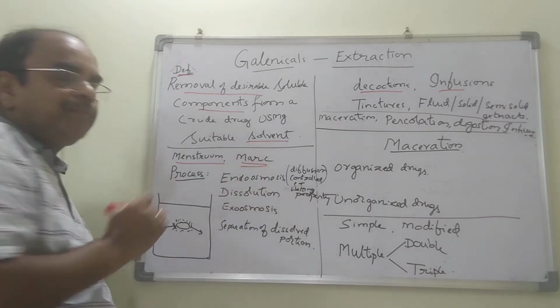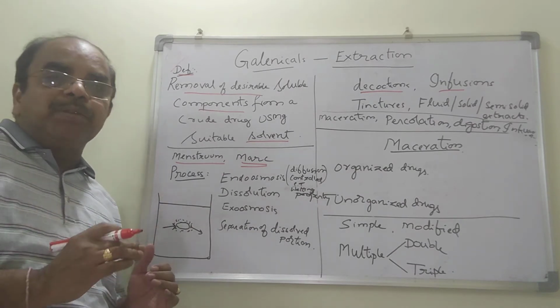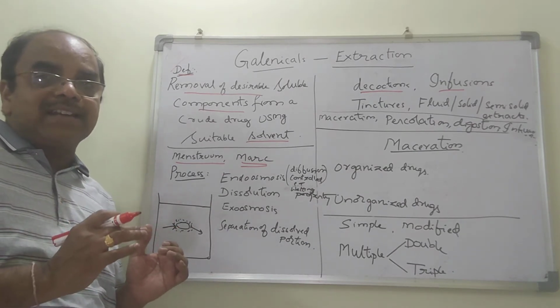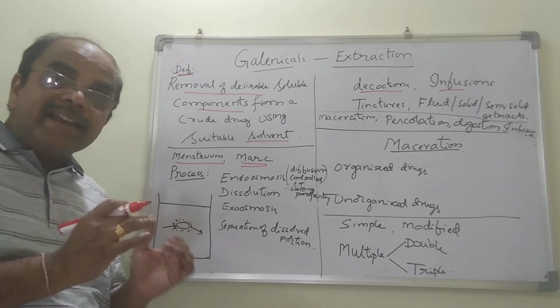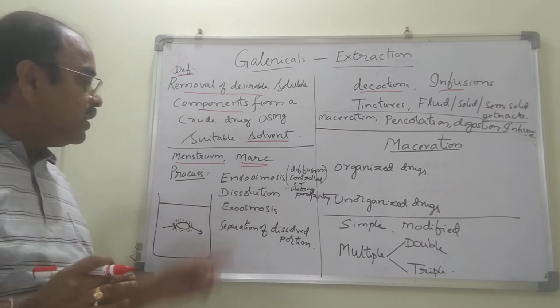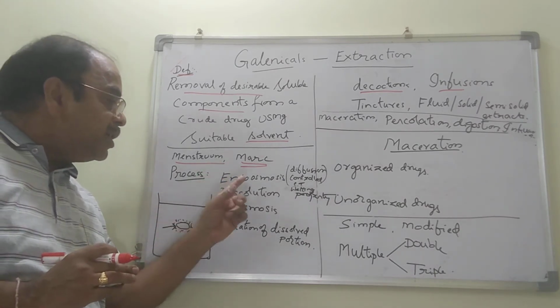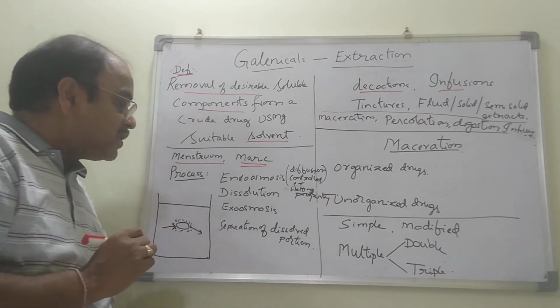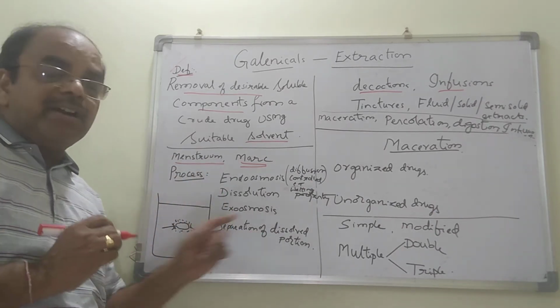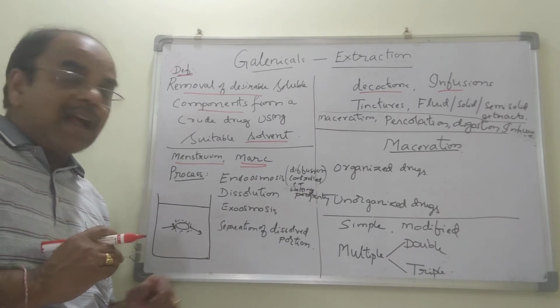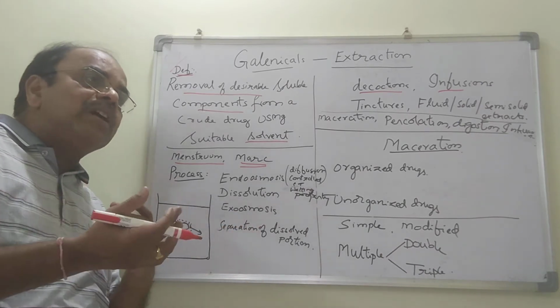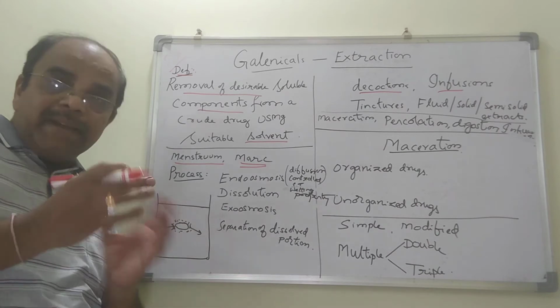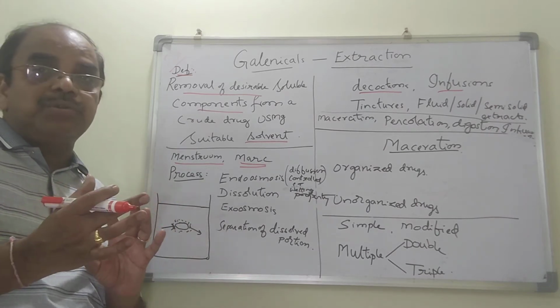What is the principle underlying the method of extraction? It is in four stages: endoosmosis, dissolution, exoosmosis, and separation of the dissolved portion. Later on, adjustment of the volume depending upon the method and the drug used.